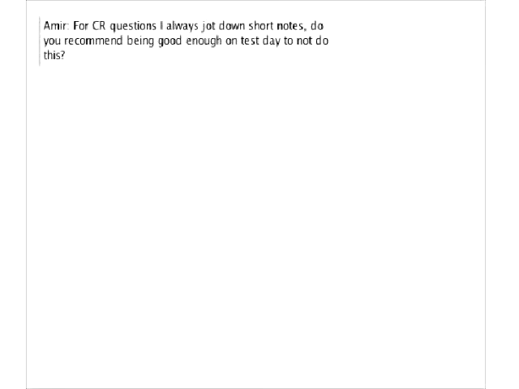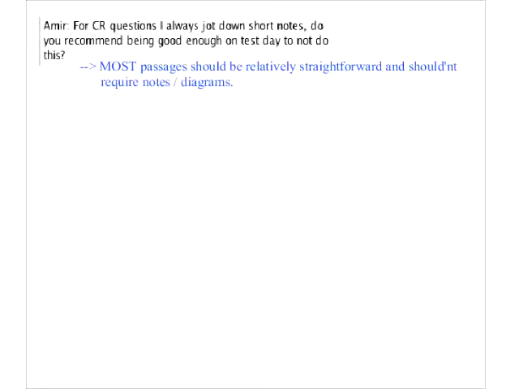You shouldn't have to, because most passages should be relatively straightforward to understand. And there's a distinct disadvantage of notes, which we'll get to in a second. But let me give you a pro and con here after I respond to something else.